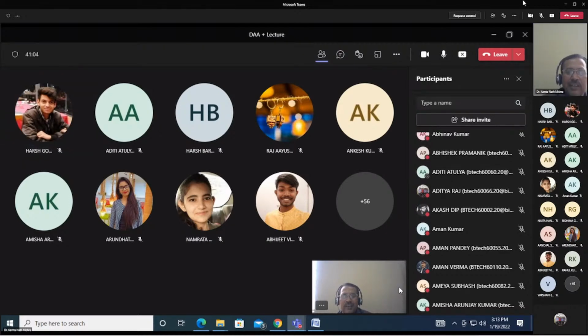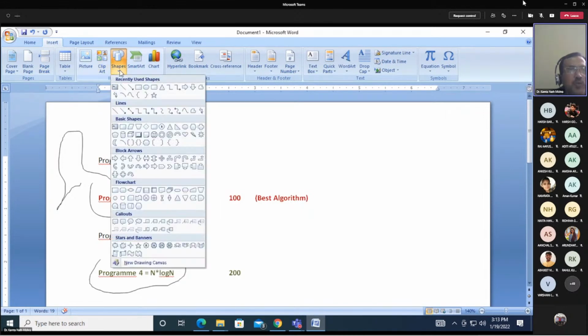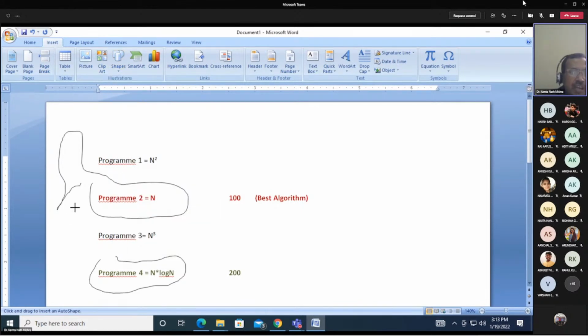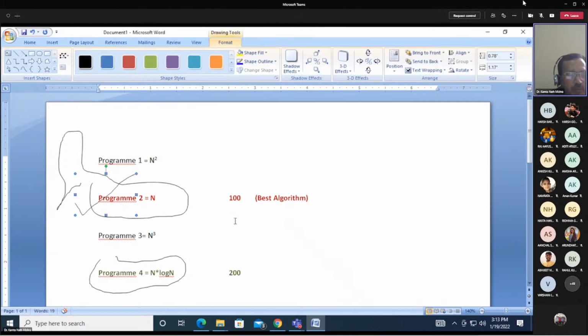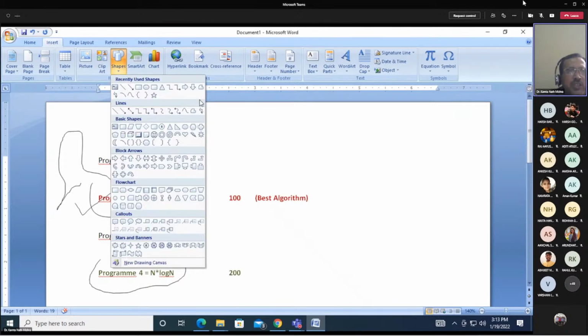No, does not matter. Because you converted them in the form of mathematical formula. And now on the basis of the mathematical equation, you have come to a conclusion, and what you said? You said that this is program 2. It is taking minimum time in terms of mathematical representation. So program 2 is the best.